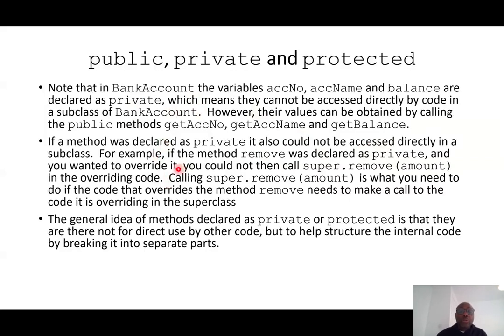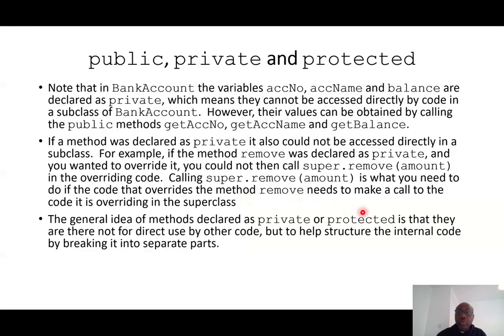If a method was declared as private, it also could not be accessed directly in a subclass. For example, if the method remove, which is defined in the previous class, was declared as private and you wanted to override it, you could not then call super.remove amount in the overriding code.